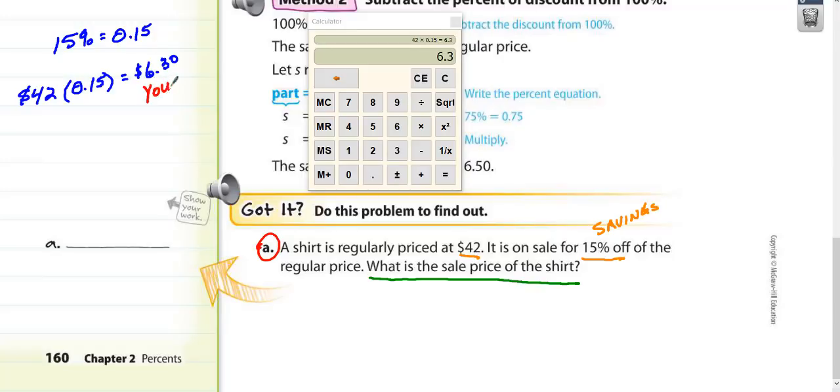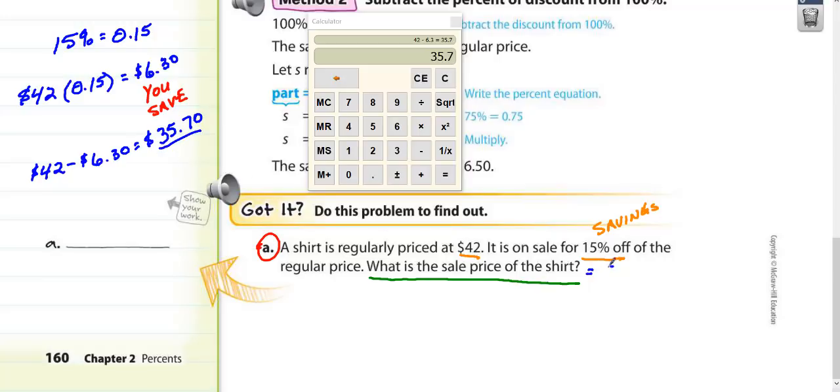This is what you save. However, the question isn't what do you save? The question is what's the price of the shirt? So to figure that out, we need to take the original $42 and we need to subtract what you saved. The $42, take away the $6.30, and you end up with $35.70.